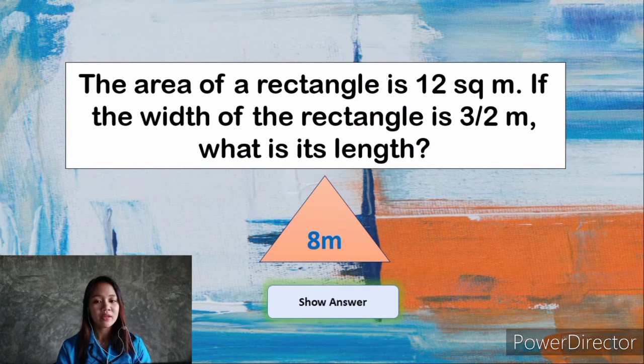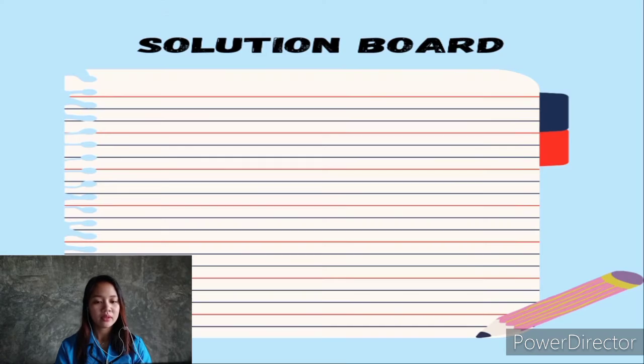Next question. The area of a rectangle is 12 square meters. If the width of the rectangle is 3/2 meter, what is its length? So, the answer is 8 meters. So, paano ulit nakuha yung sagot na 8 meters? So, the given are, area is equals to 12 square meters.